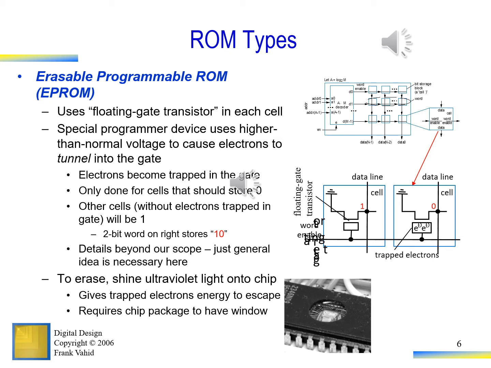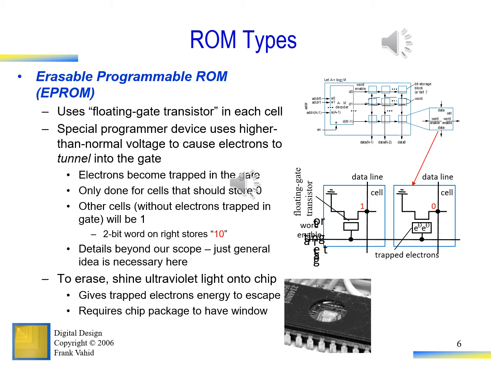For the figure on the right side, you can see the gate is floating for the left cell, and there are electrons trapped in the gate for the right cell. So this is 1 0 stored in the ROM.